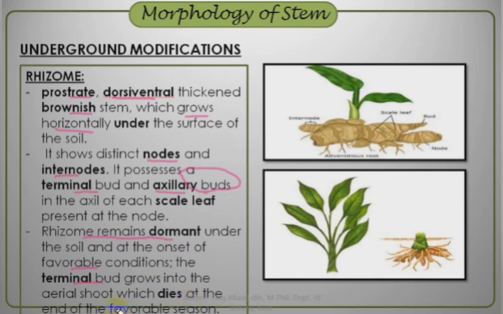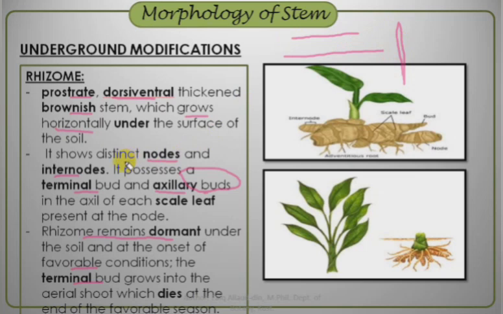Now by all of this, I simply mean that a rhizome is a special type of stem. This stem is dorsiventrally flat, like a leaf, like your hand. It is brownish in color, and its growth is horizontal. Horizontal means just like this line. Vertical means straight upward, and in this case it is not straight, it is horizontal like this.